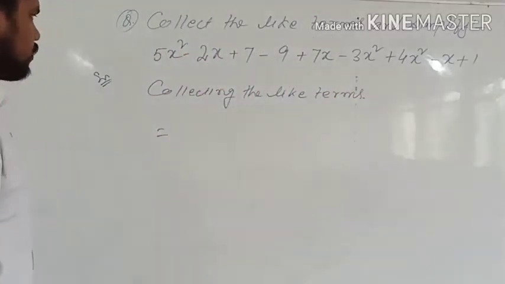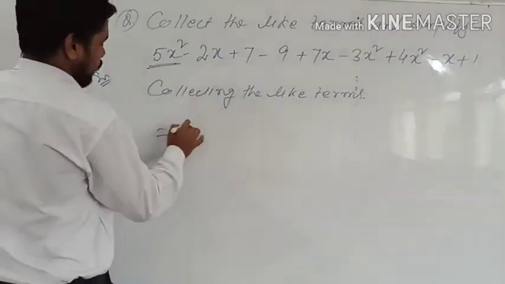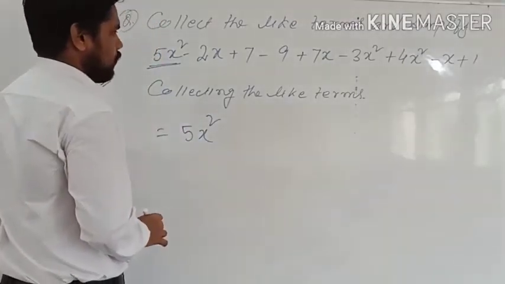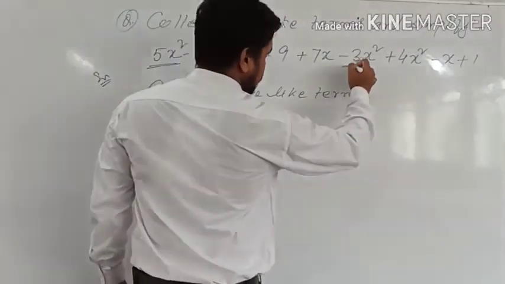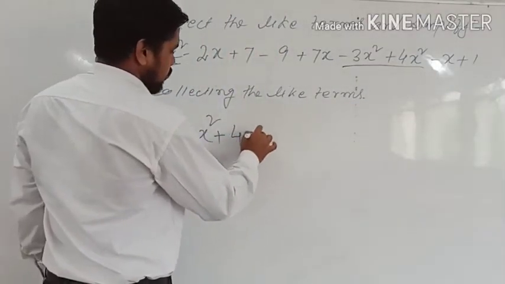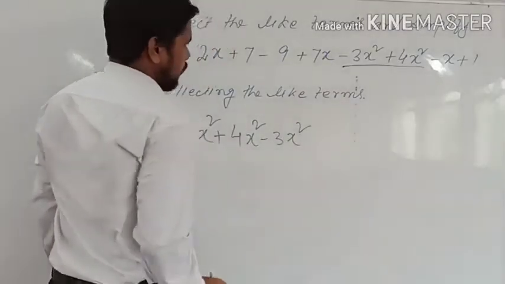First we will collect all the x square terms. Here we have 5x square. Which one is x square? These are the 2x square. So plus we have 4x square, then minus 3x square.